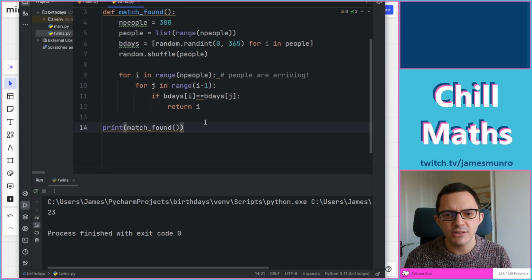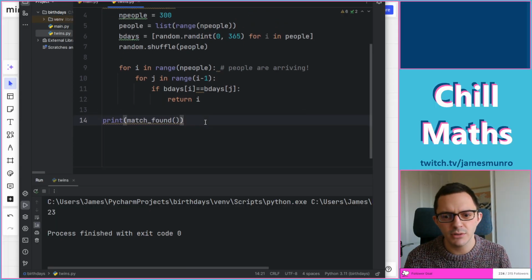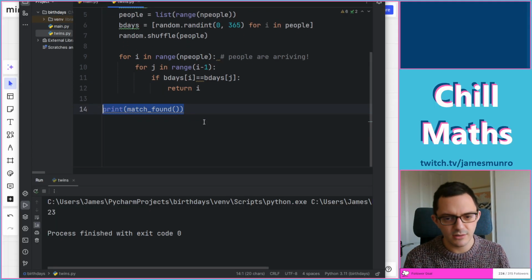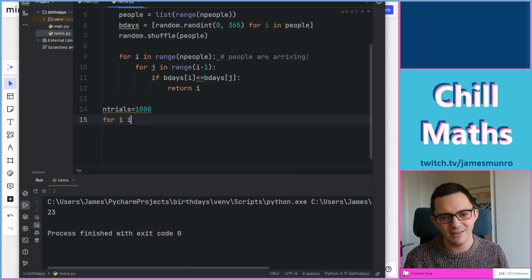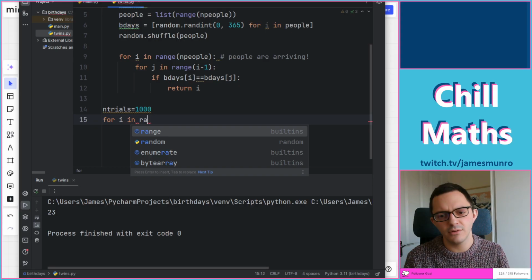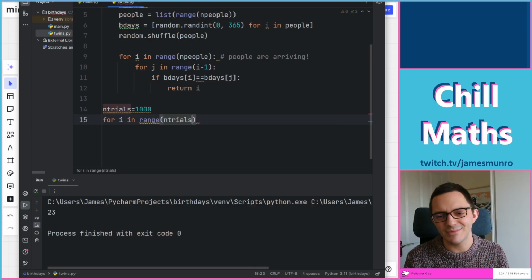But we now have this ability to do something like n trials is 1,000, and for i in range n trials. So I'm still writing MATLAB code, aren't I, with the i in range?